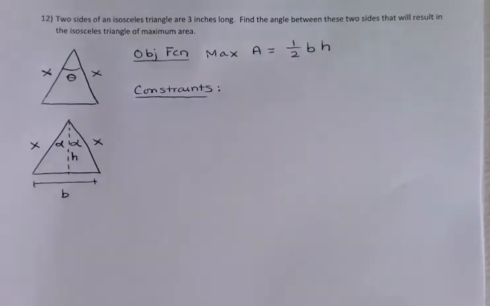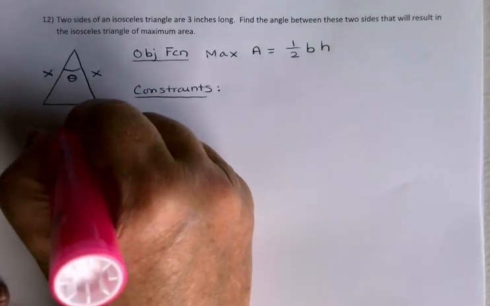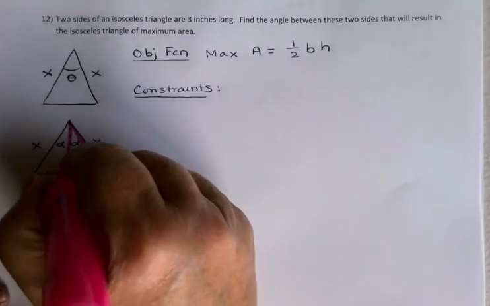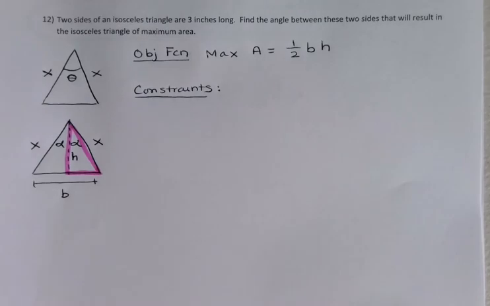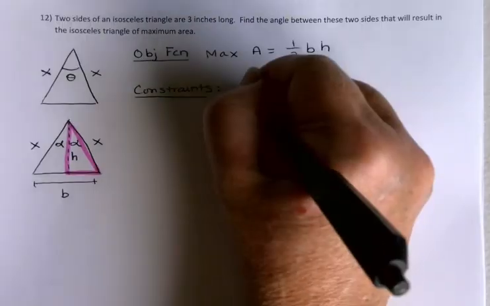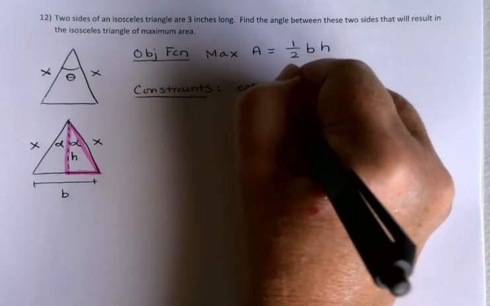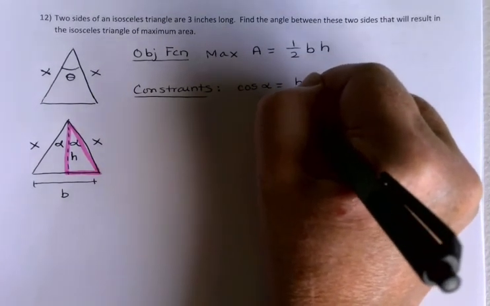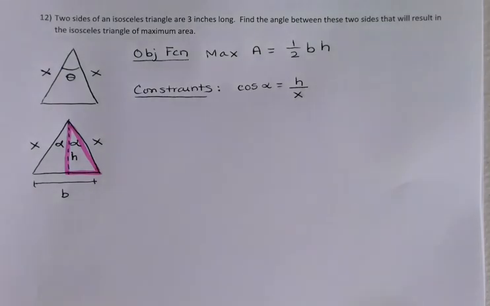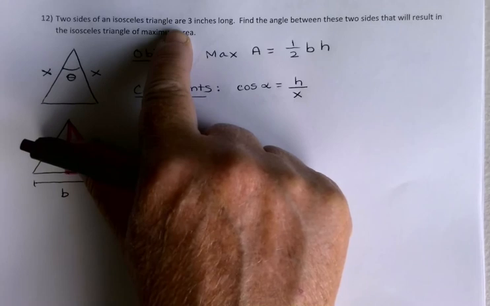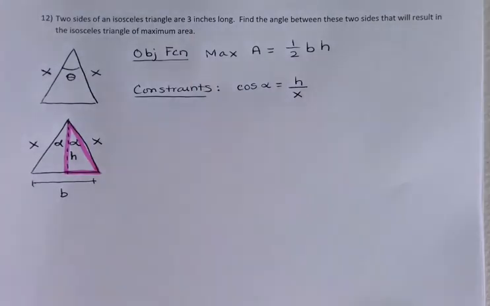If I think for the moment about just one of these triangles, I could say, for example, that the cosine of alpha would be h over x. And, oh, good grief. I am so sorry. I didn't read my own problem very well. They told me that the two sides are 3 inches long. I was going to say, I'm having too many variables here. I didn't include that right from the start, so let's go back and do that.